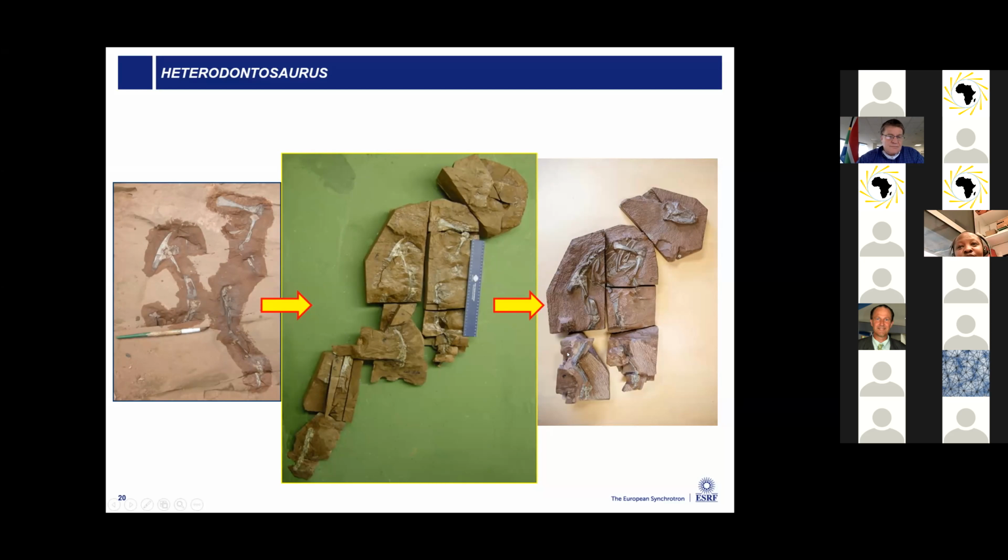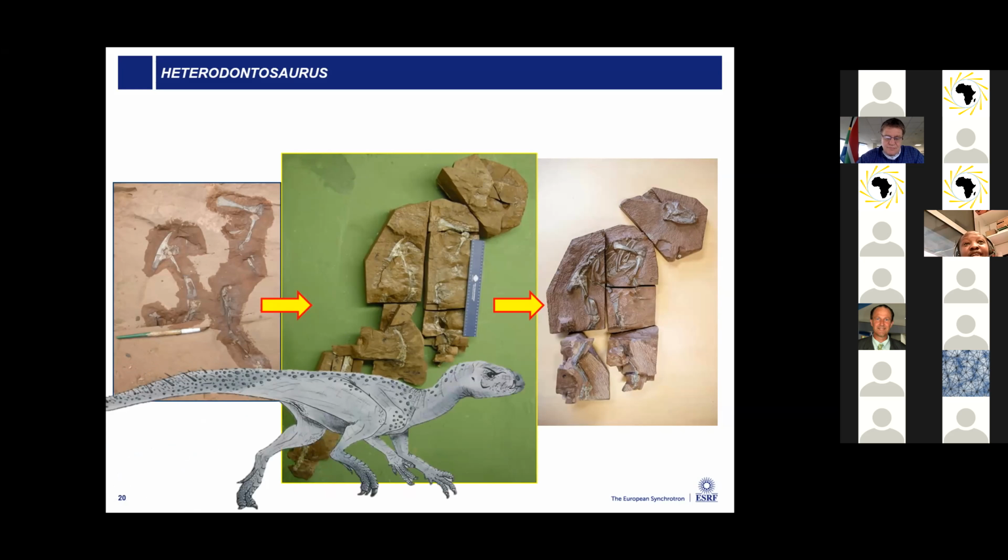You can see quite a lot of the specimen. However, to view the internal anatomy, and also because quite a lot of it still remains buried inside the breccia, one has to do a little bit more. So this is what the Heterodontosaurus probably looked like, an impression also done by Victor, who happens to also be an artist.